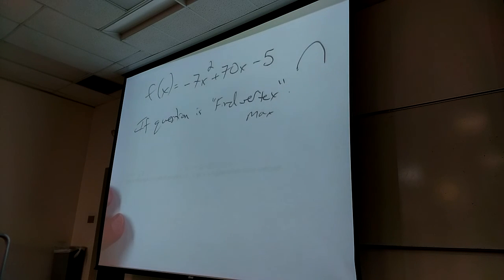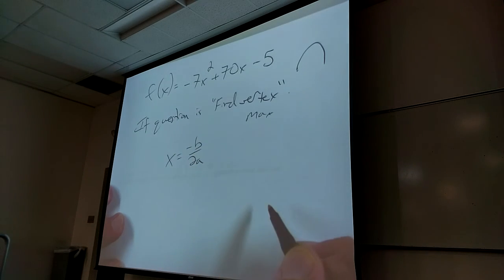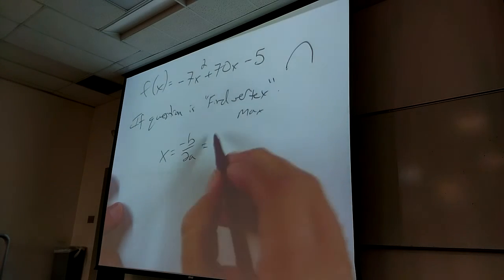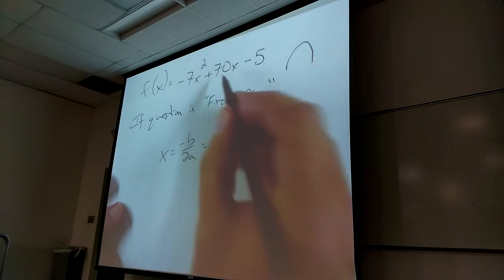How would I do that? Yes. So the vertex, the quick way to find it is negative b over 2a. So what do you get for that? What's b? 70.